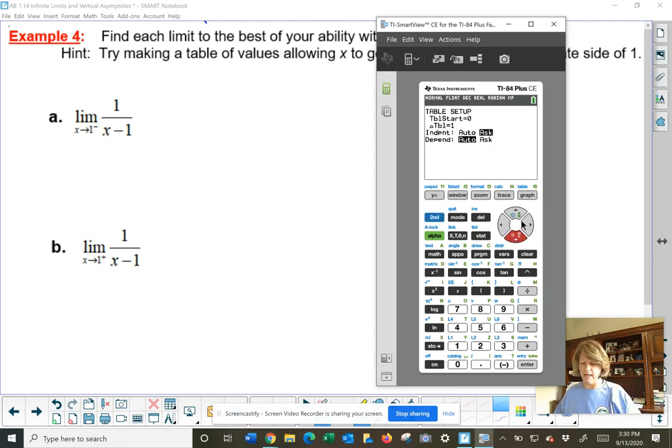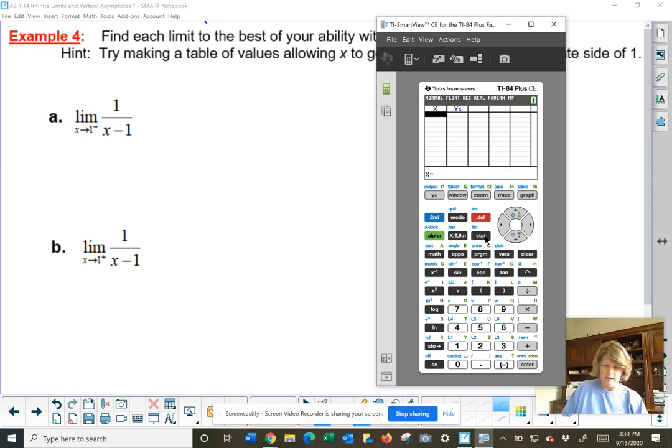Mine was already on ask. Yours might be as well, because I want to be able to input my own values. So I'm going to go to second graph or get to the table, and looks like I got some values in there already. So I'm just going to hit delete. There we go. Delete and delete the final one.